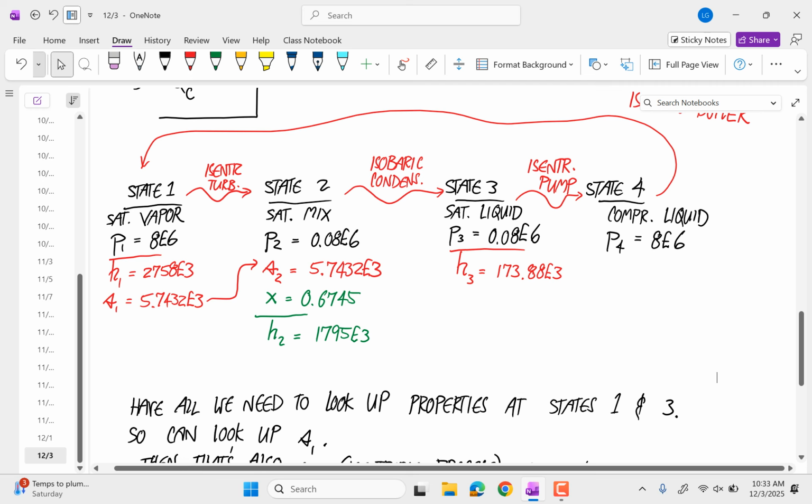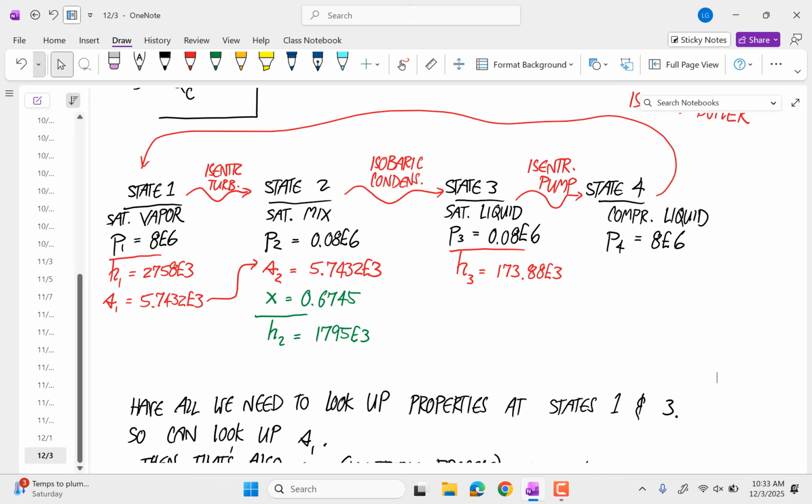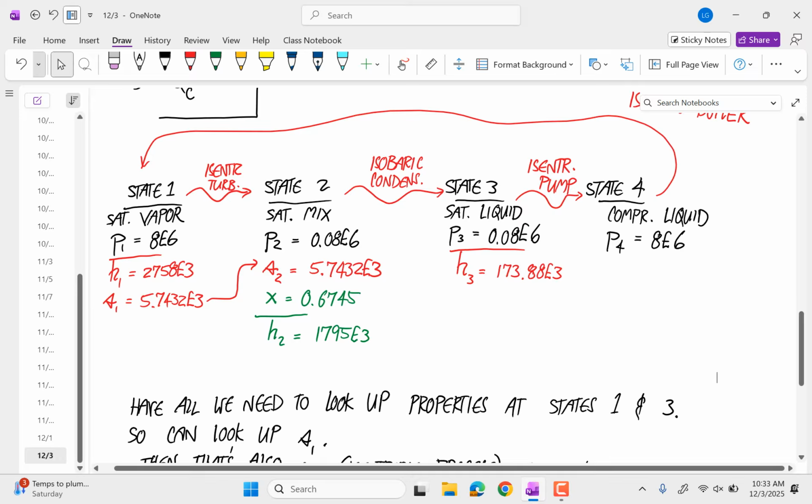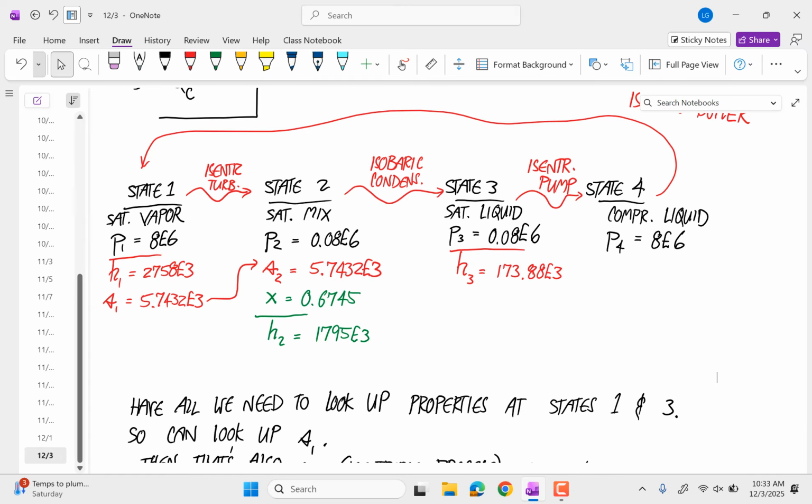For specific volume or density, would that also be a property? Yes, except you can only do it for state 2. But yes, for sure, you can look up anything. So once you know, for anything in the saturation range, if you have the quality and one other property, you can look up any other property.